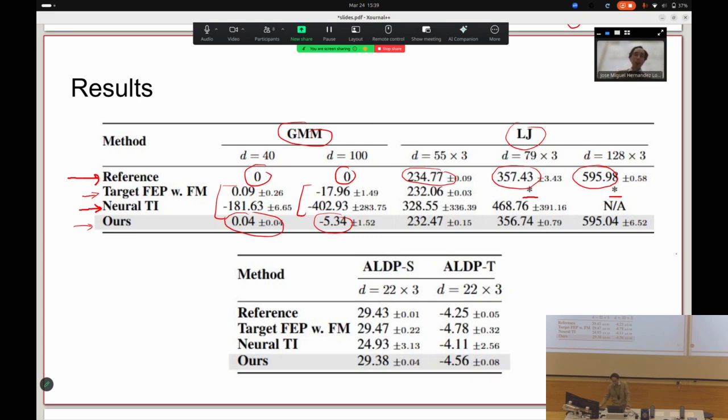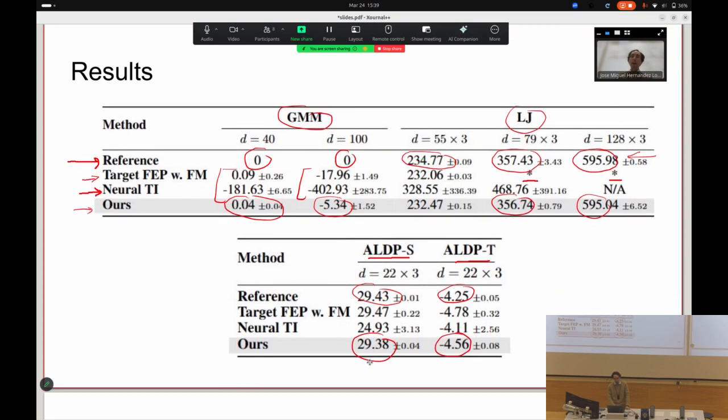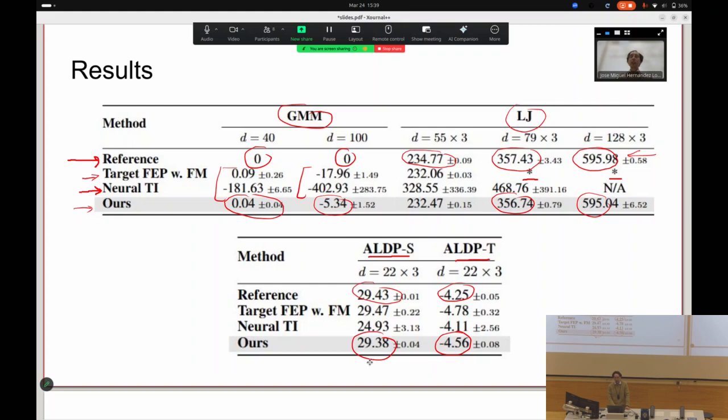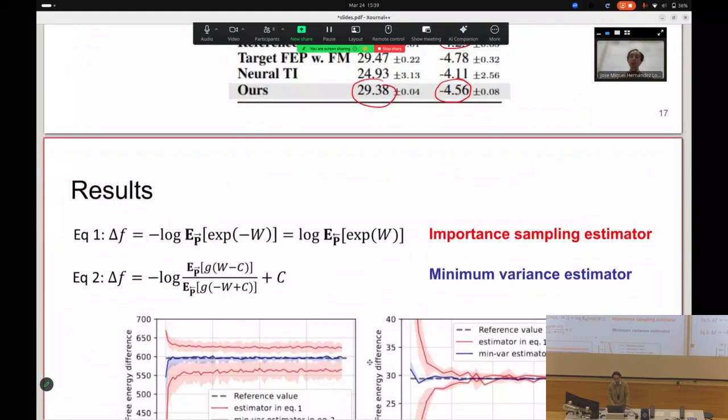But our method here gives values that are actually quite close to the ones given by MBAR here. Okay? And then we have also results for alanine dipeptide, where we get values that are also similar to the reference. So we have here the reference, and here we have what we obtain with our method. So we get quite accurate estimates of the free energy difference using this technique.